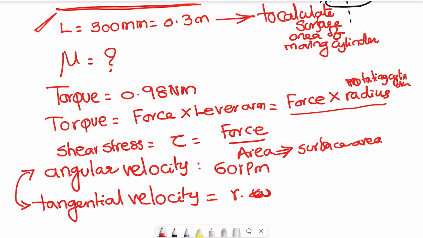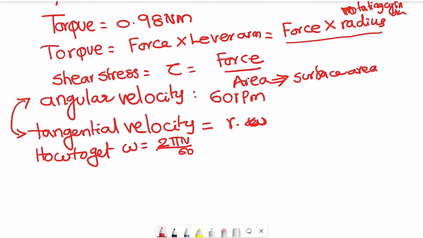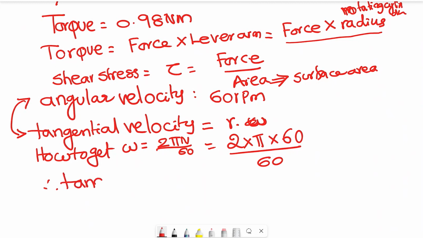So how to get omega? It is equal to 2 pi N by 60. So how to get it? 2 into pi into N, which is 60, divided by 60. So this is omega. Then how to get tangential velocity?